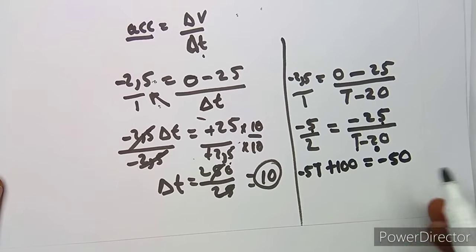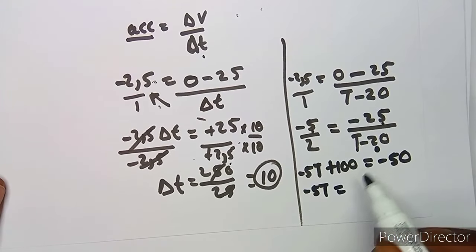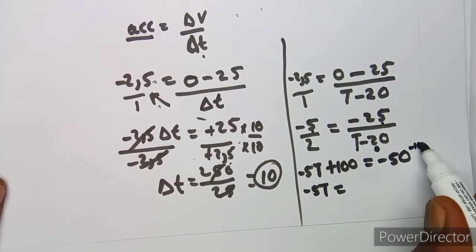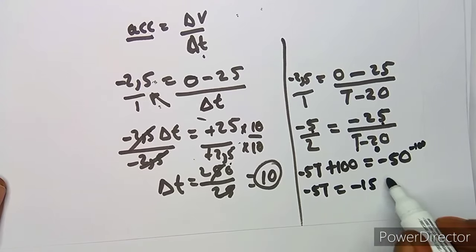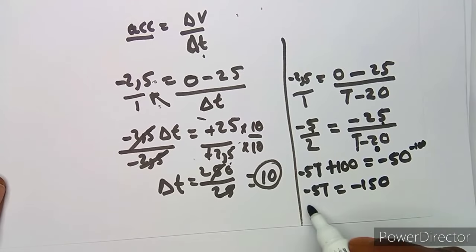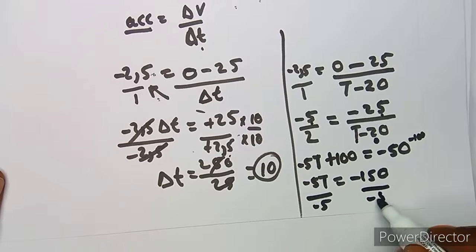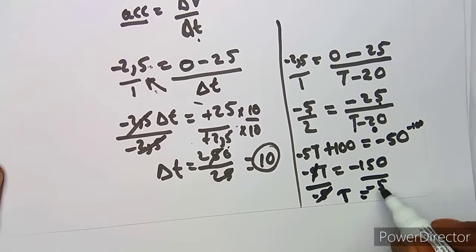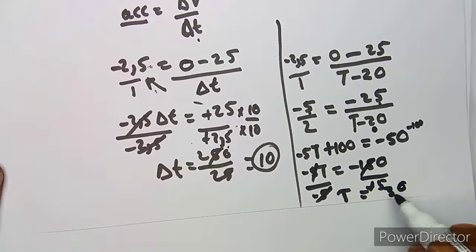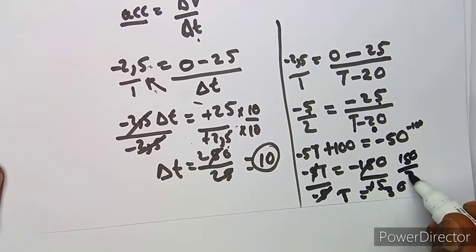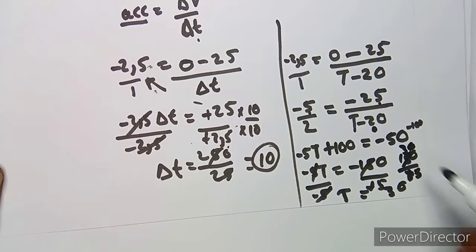So you can collect like terms: -5t is equivalent to -50 minus 100, which is -150. Divide by -5 on both sides. So our t is going to be equivalent to 30, because 150 over 5 is 30.